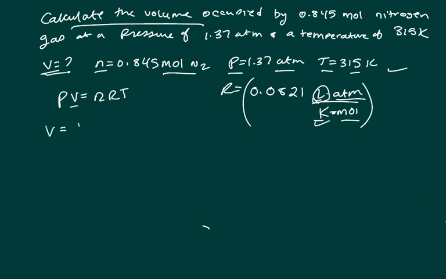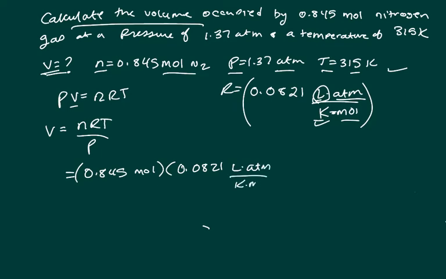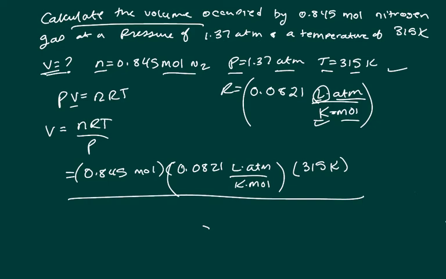Volume, then just divide by P on both sides, and let's plug in N, which is 0.845 moles, times R, which is 0.0821 liter atm per K mole, and I suggest that you do write those units, so you will see how they will cancel out. 315 Kelvin, and we have pressure here on the bottom as 1.37 atm.